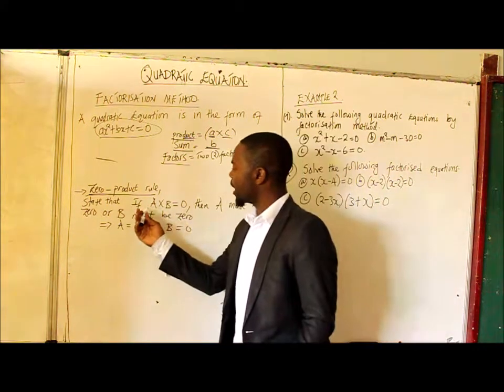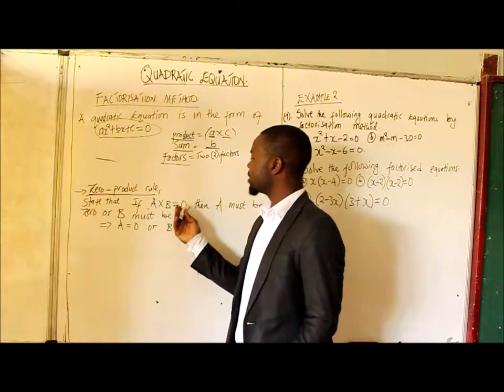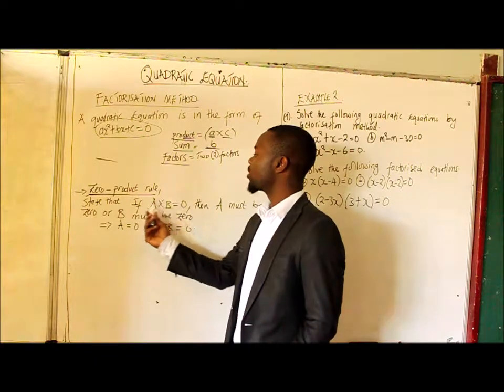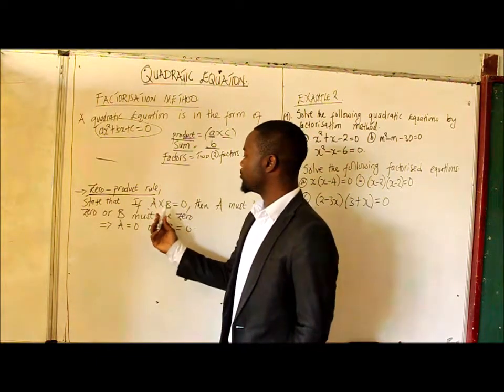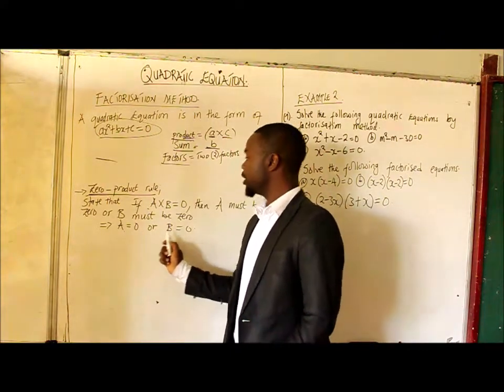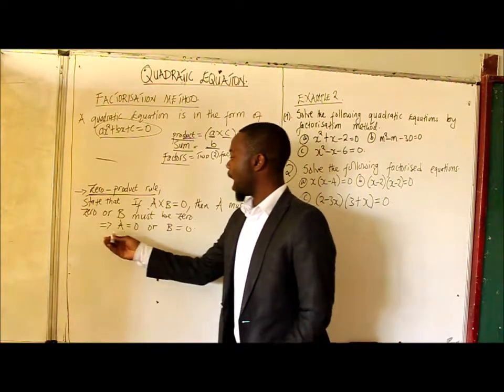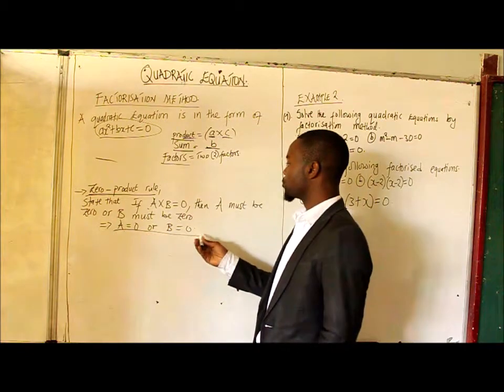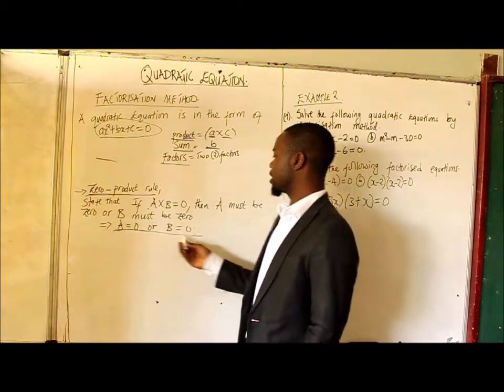Since you multiply a times b and the answer is 0, one of them is 0. So a is equal to 0 or b is equal to 0.